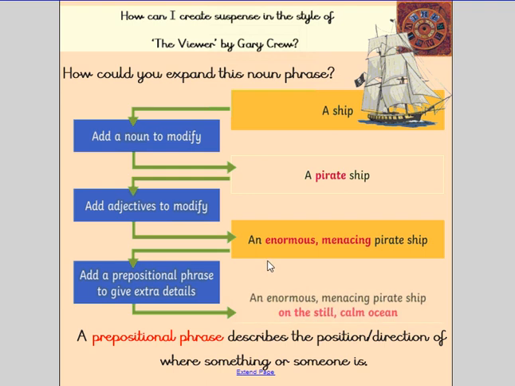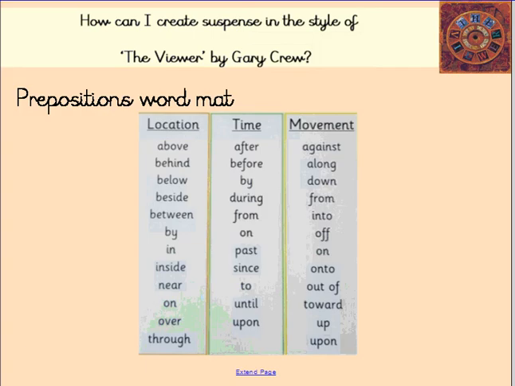And finally, an enormous menacing pirate ship on the still calm ocean. So we've added description to add information, and then we've added position. Where is the pirate ship? That's the process that you're going to go through today with the nouns you've pulled out onto your mind map. Here are some examples of prepositions that you might want to use.